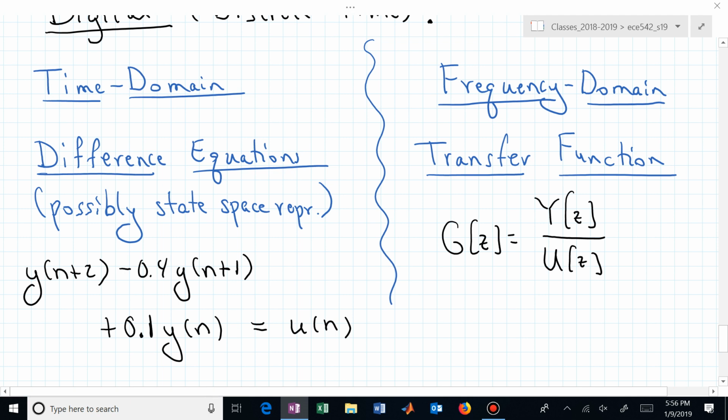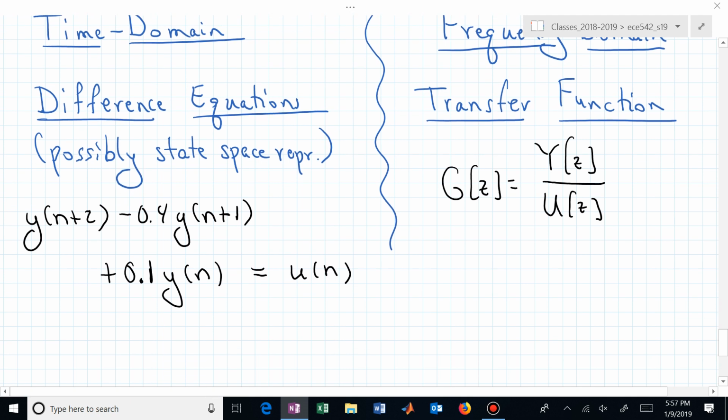So that now, if we z transformed that difference equation, when we z transform little y of n plus 2, we would have z squared times capital Y of z. Then we have minus 0.4z plus 0.1, so that now our g of s here, g of z, is z squared minus 0.4z plus 0.1.